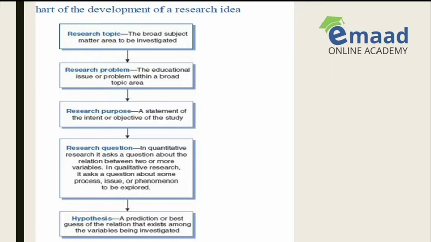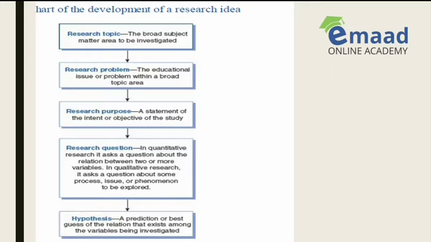Here are some technical things. The first one is research topic. This is the broad subject matter area to be investigated. For example, breakups. For example, students learning and effective ways of learning. So this is the main topic, but then you have to come across the research problem, the issue or problem within a broad topic area.